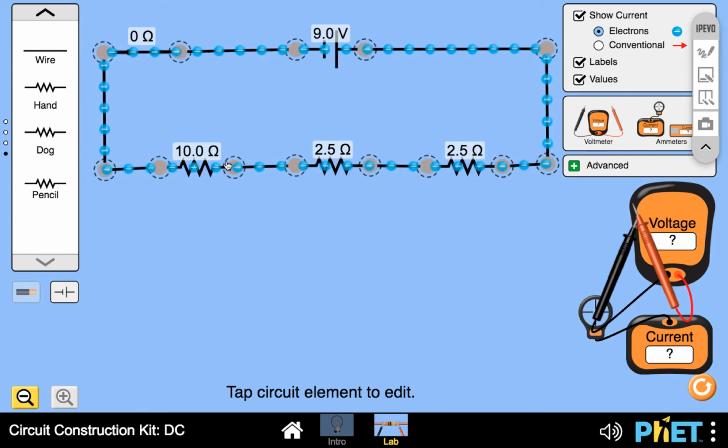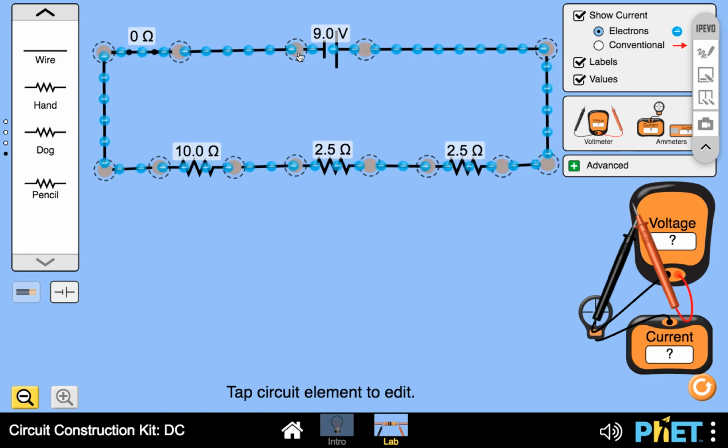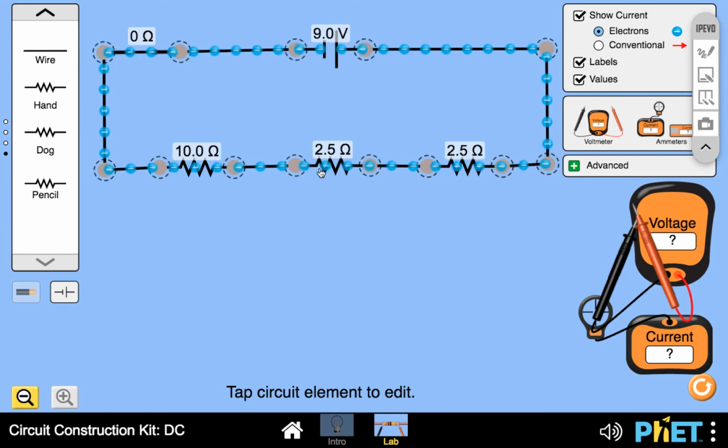That would mean we would use more voltage to push the charges through the resistor with high resistance as compared to those resistors with low resistance. Hence, the 10 ohm resistor will have the greatest potential difference across it as compared to the 2.5 ohm resistors, which will have less voltage across them.